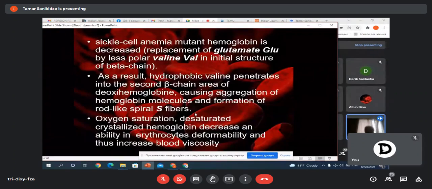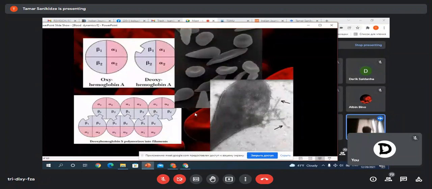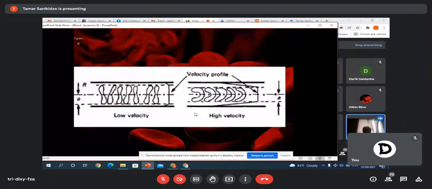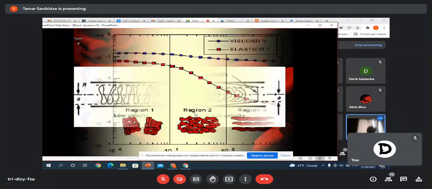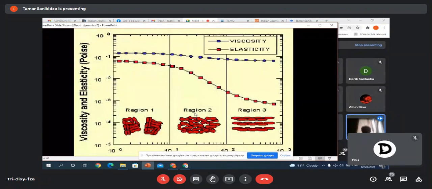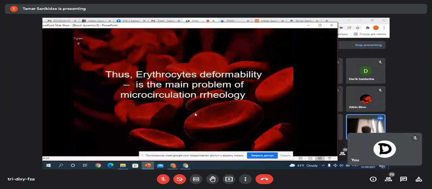With oxygen desaturation, crystallized hemoglobin decreases erythrocyte deformability and thus increases blood viscosity. In these cases, the erythrocytes will be packed and produce stasis.